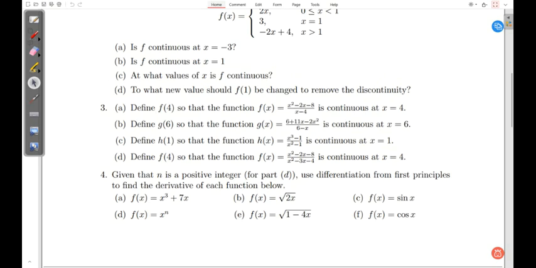Then redefining the function to make it continuous at certain points is question 3. Then also first principle is question 4. So all these questions have been answered in detail, and the link to the solutions is in the description below.